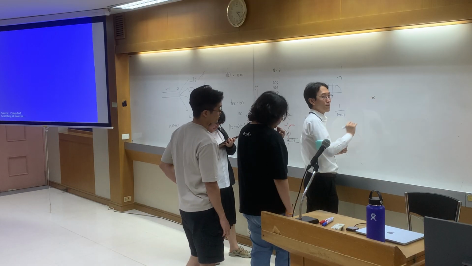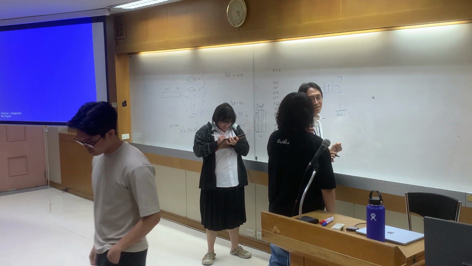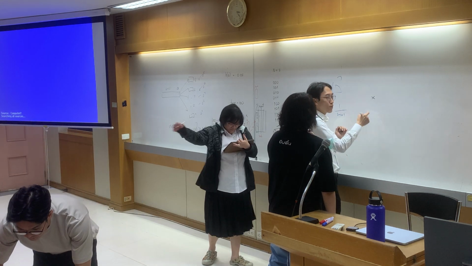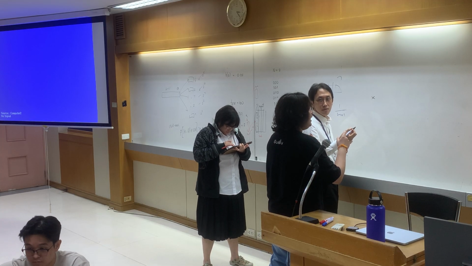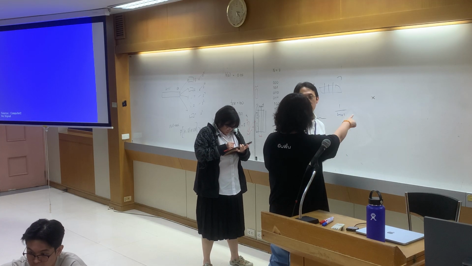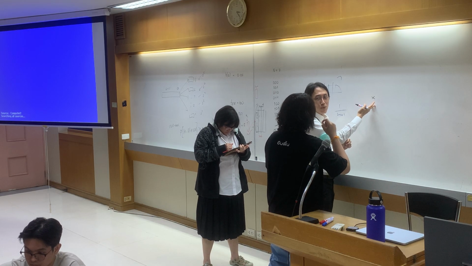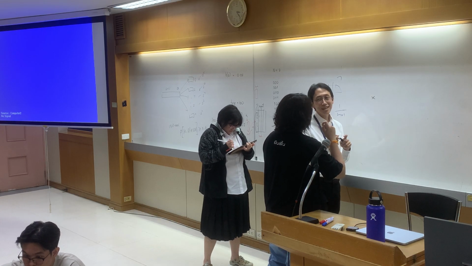If X is the minimum of M, it means that there is one person who is X. Everybody else is at least X. Go ahead.